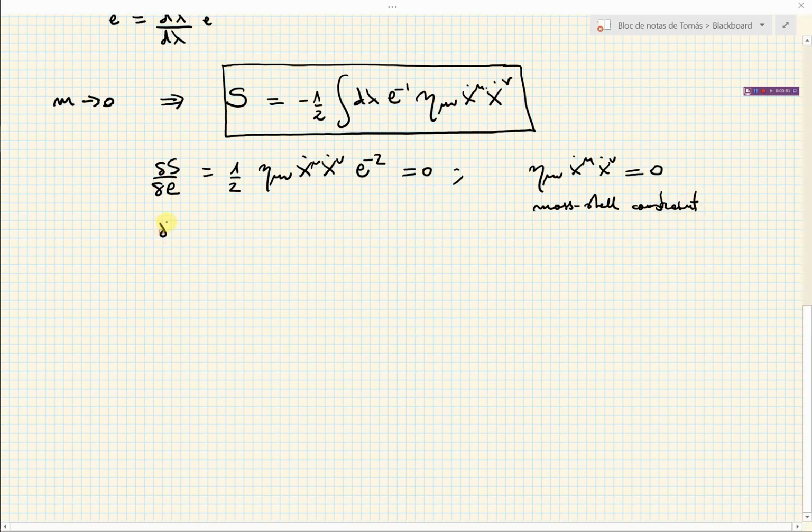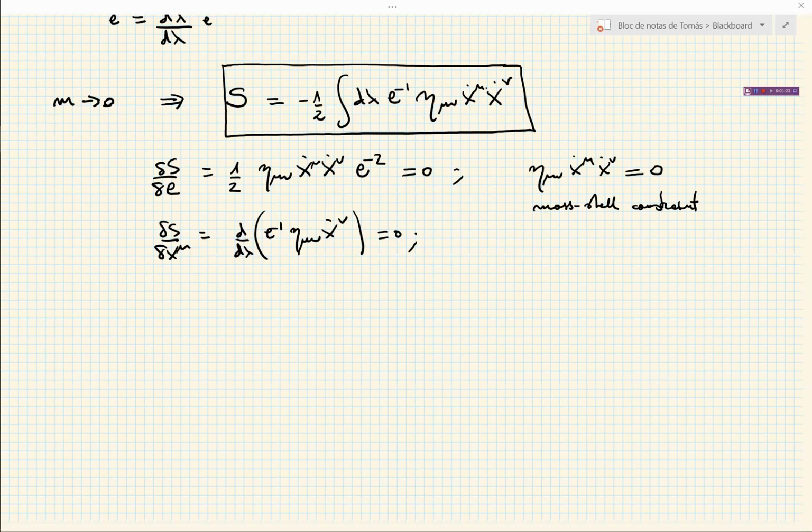As for the equation of motion of the coordinates, this gives d/dλ of e^(-1) η_μν ẋ^ν. And now, as different from the massive case, there is no way to solve the equation for e and substitute e here. This causes a problem because it looks like we don't have enough equations to determine all the variables.